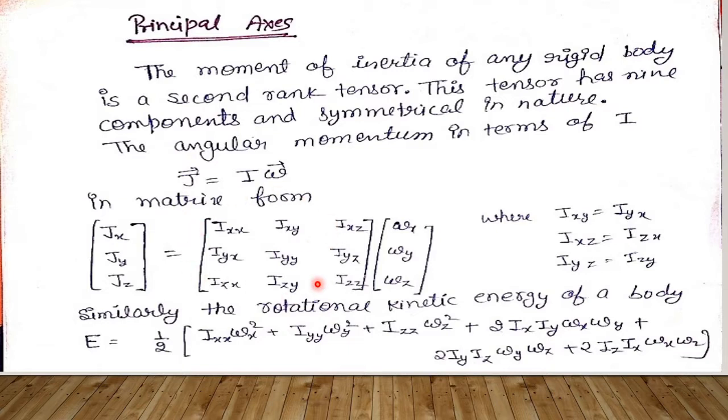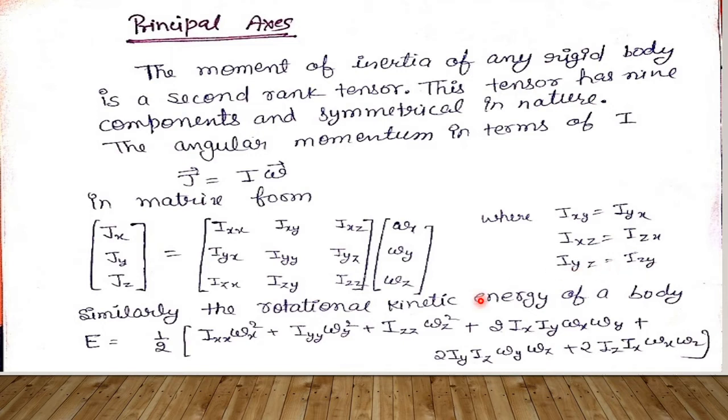These are 9 components which we have written in matrix form: Ixx, Ixy, Ixz, Iyx, Iyy, Iyz, and Izx, Izy, and Izz, where Ixy equals Iyx, Ixz equals Izx, and Iyz equals Izy.